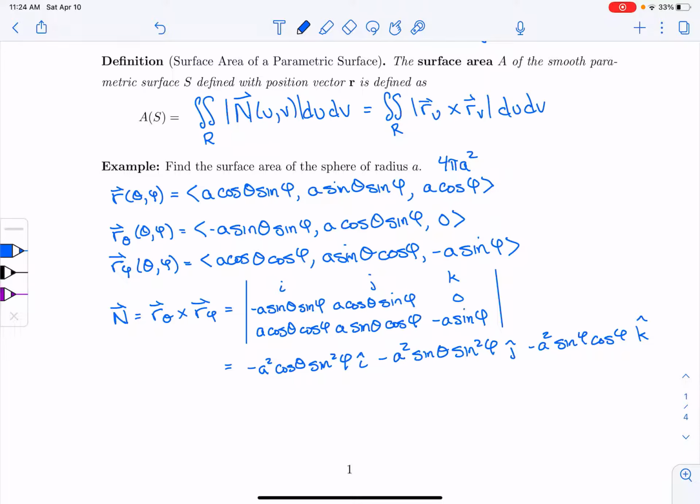So that's the normal vector. Then we want the magnitude of the normal vector.